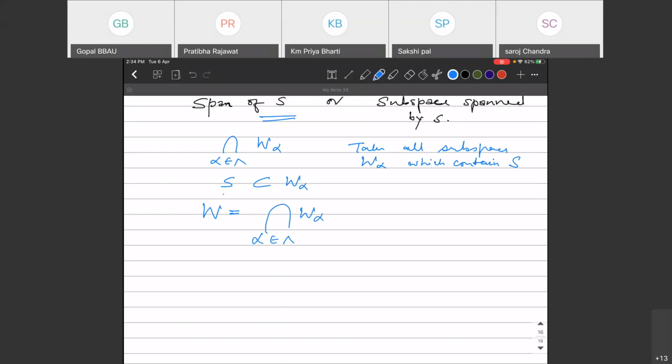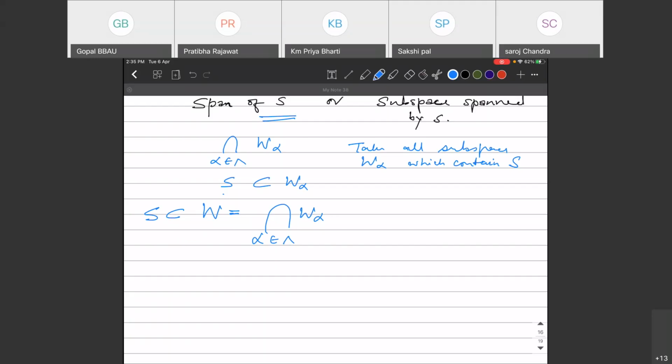This W is again a subspace and it contains S. So what you will find is that this W is the smallest subspace containing S.